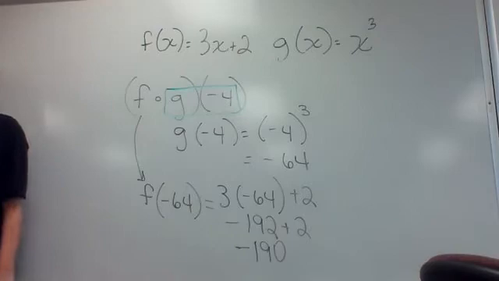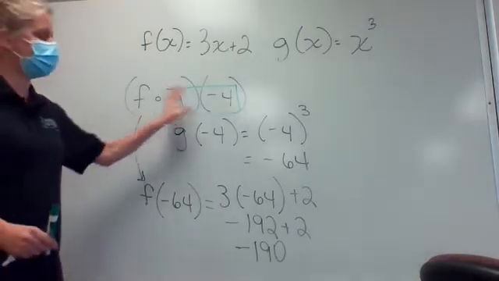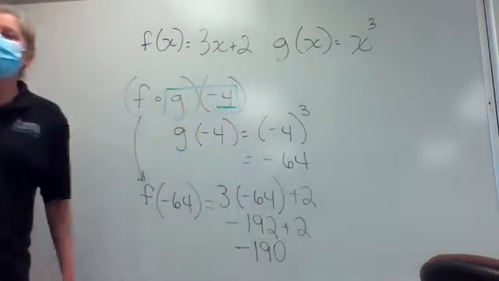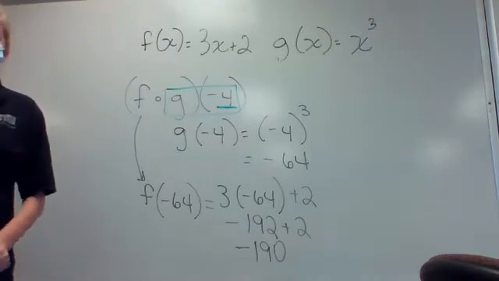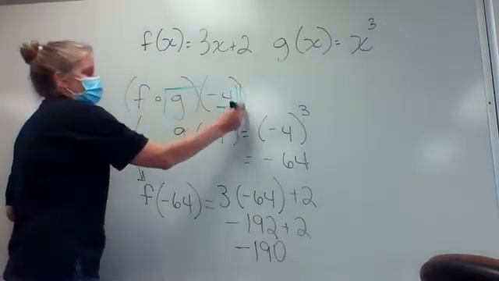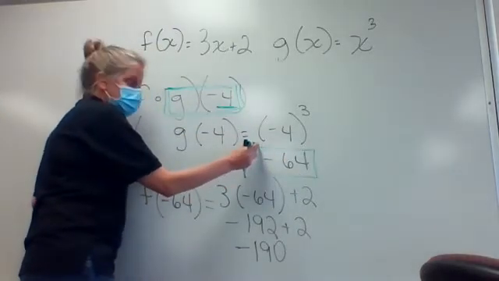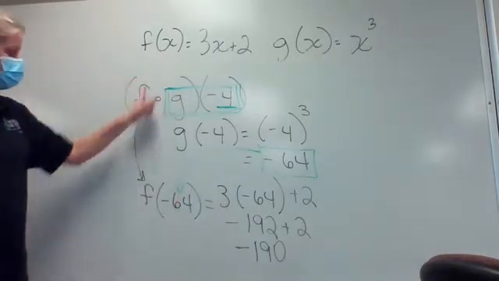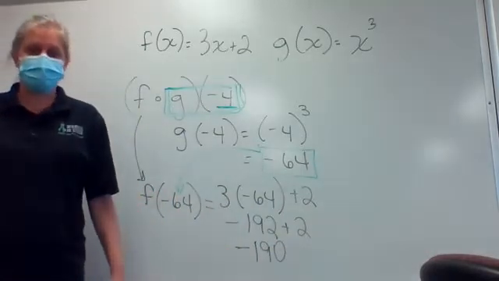Okay, now we're going to be moving to doing the same exact process, except this is going to be an X. The steps are exactly going to be the same. You always find what's here first, get an answer, plug that answer into the other function, and solve that math.